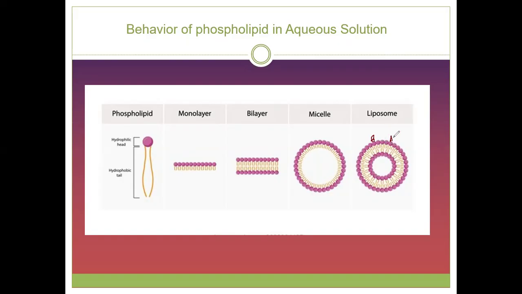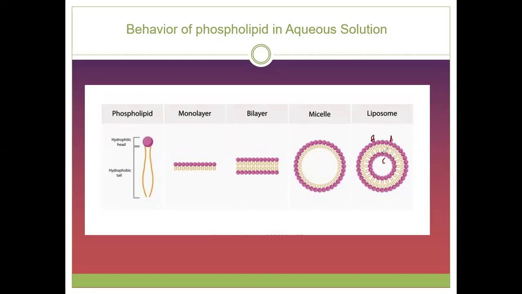Likewise, you can have A also moving to here. For example, let's say this one is C. So this one can shift down here, while this one can shift up here. We call this flip-flopping. And it is an enzyme called flippase that helps in this flip-flopping movement.